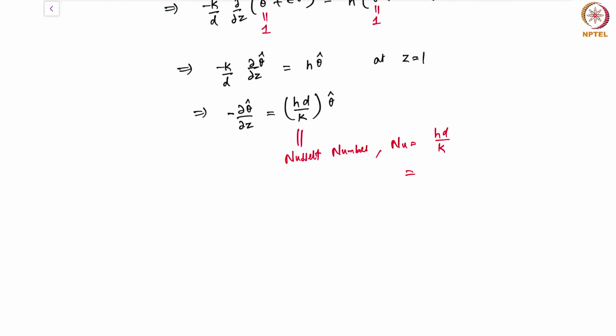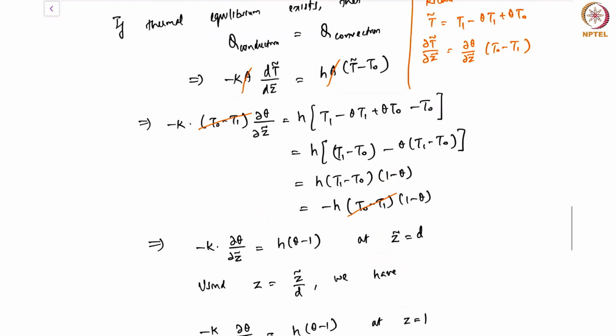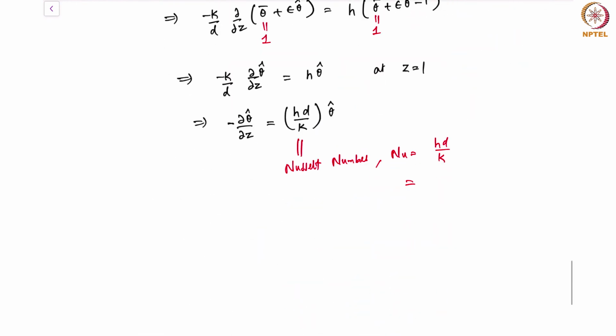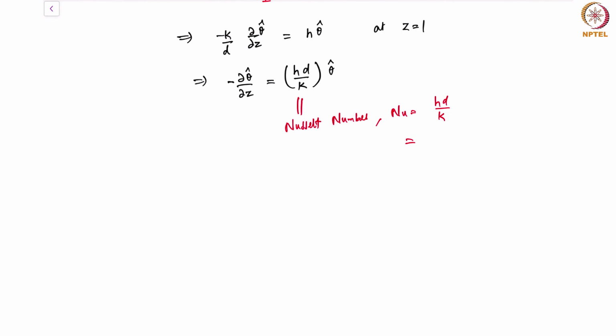And this Nusselt number, how did we get this Nusselt number? We started by basically equating the heat flux from conduction to heat flux to convection. This Nusselt number tells us it's a ratio of convective heat transfer to conductive heat transfer.